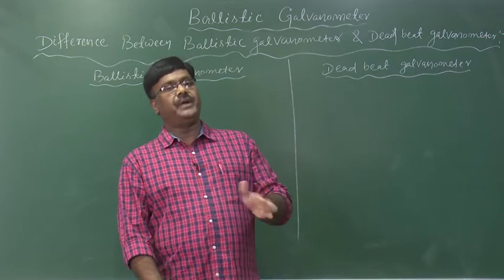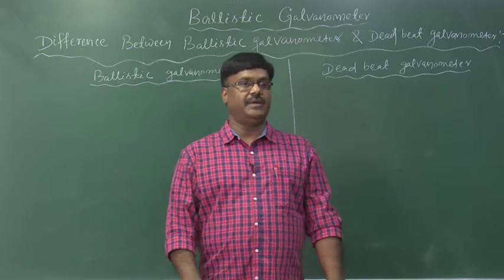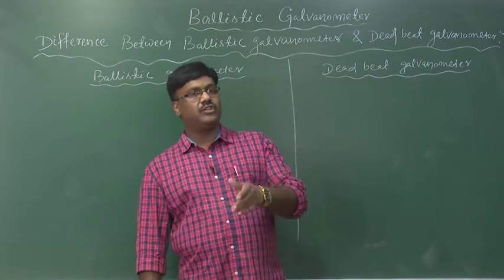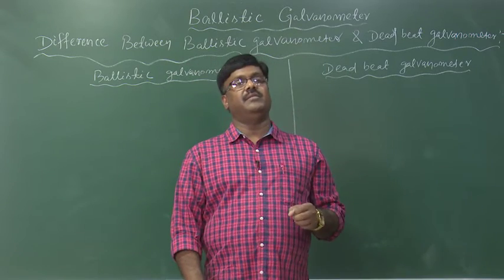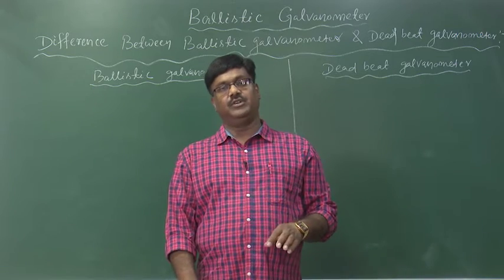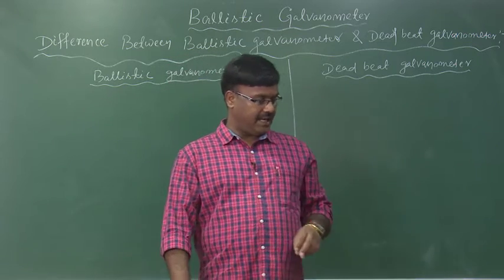So, comparatively the moment of inertia of a deadbeat galvanometer is less, and similarly the electromagnetic damping produced in case of ballistic galvanometer is very less, whereas the damping produced in case of deadbeat galvanometer is very large.